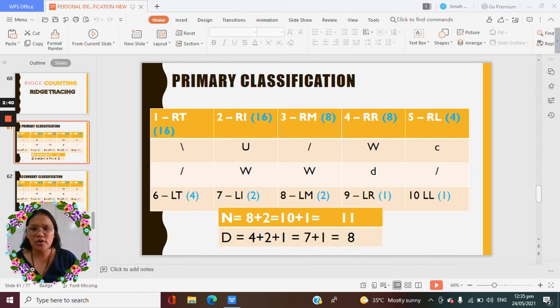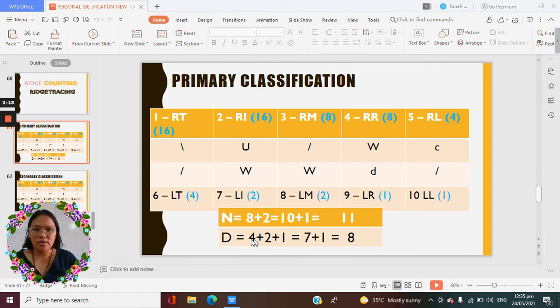For the denominator, we will be using 1, 3, 5, 7, 9, referring to the right thumb, right middle, right little, left index, and left ring. For the numerator, those belonging to 2, 4, 6, 8, 10. You have to take a look at the labels provided.